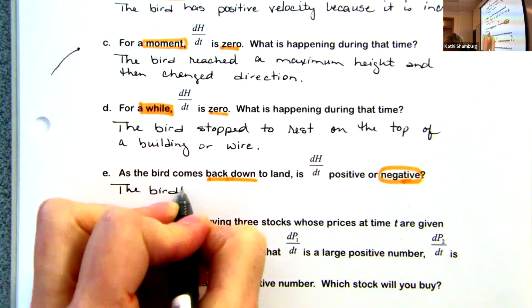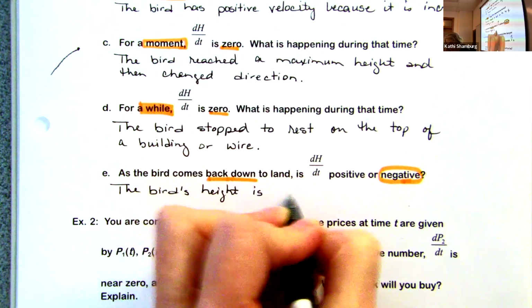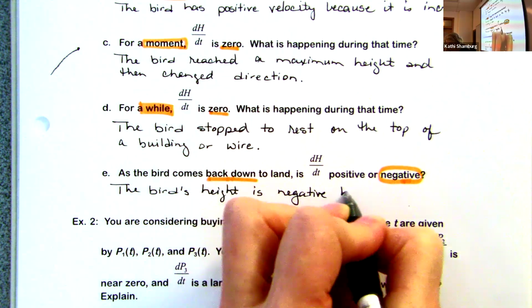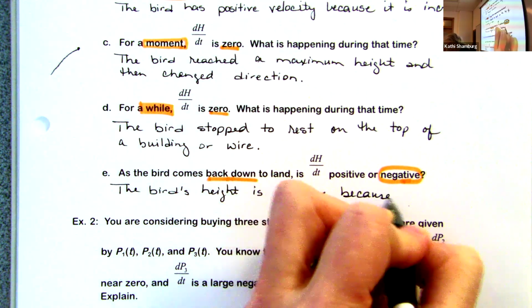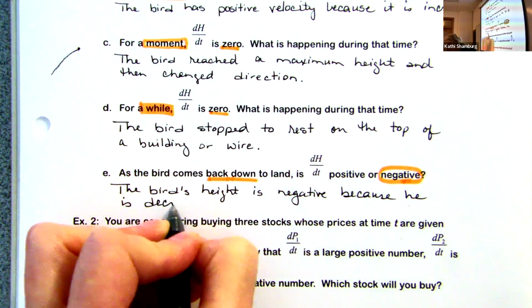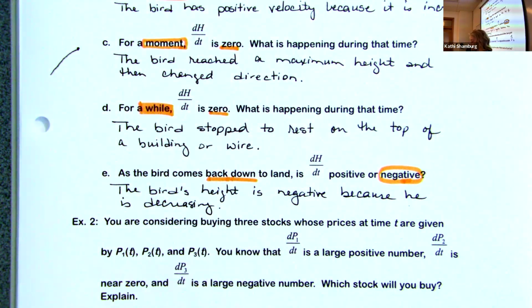So the bird's height is negative because he is decreasing. Okay, so that's all conceptual. Obviously, we didn't do any calculations.